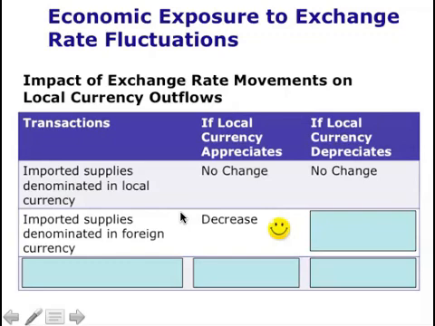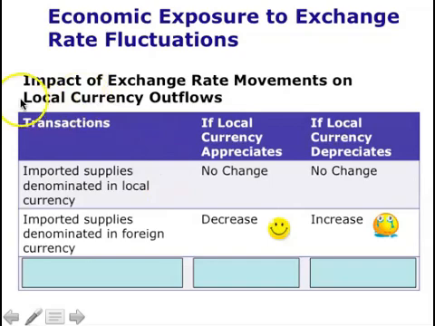Because you need more local currency, you are going to experience more outflow of local currency. So the local currency outflow will increase if the local currency depreciates.